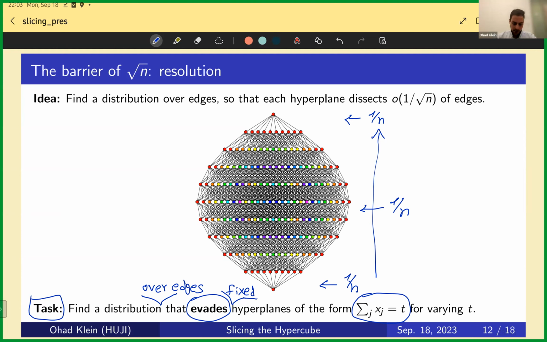Now, every specific hyperplane can go through only one of these layers. So if we choose a random layer with uniform distribution among n choices, then we are unlikely to be on some specific hyperplane.